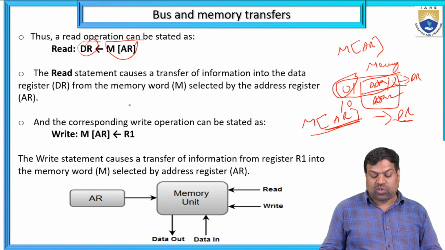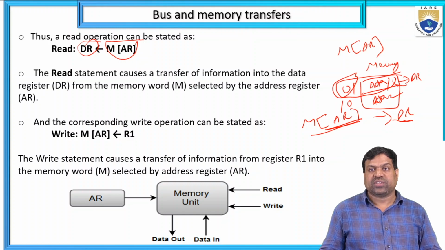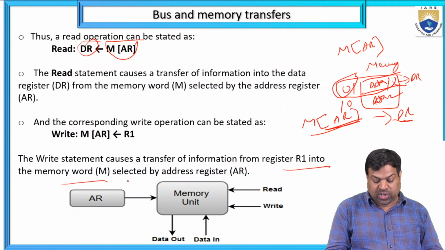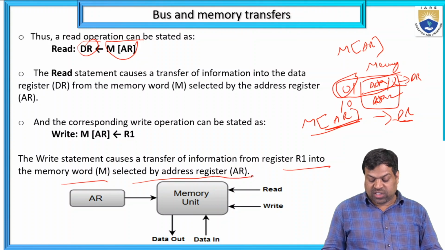The read statement causes a transfer of information into the data register DR from the memory word M selected by the address register AR, and the corresponding write operation can be stated as M[AR] ← R1. The write statement causes a transfer of information from register R1 into the memory word M selected by the address register AR.